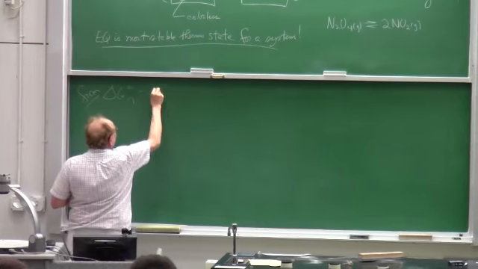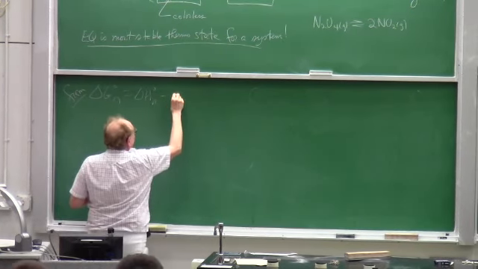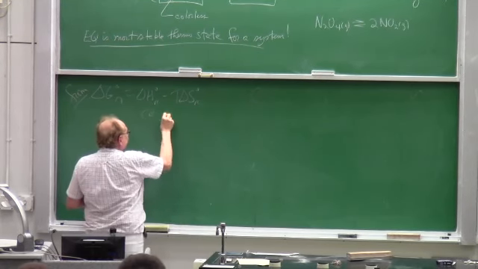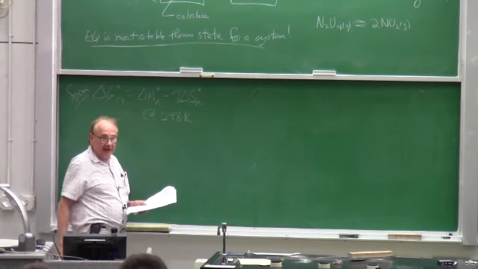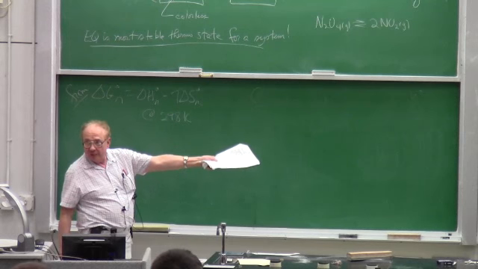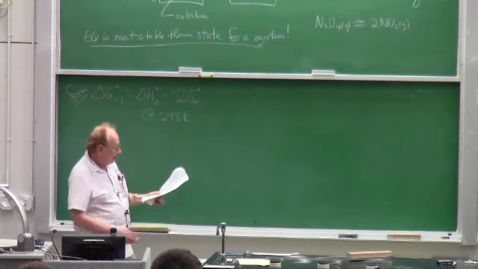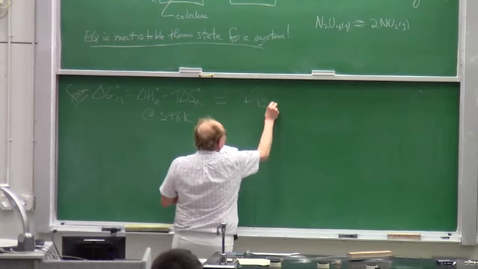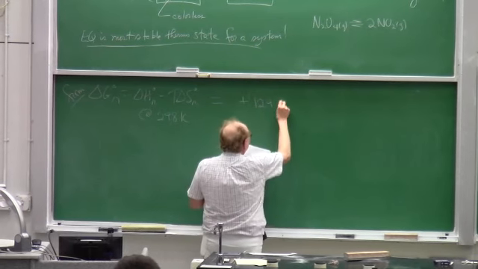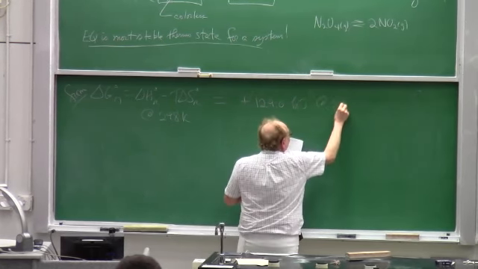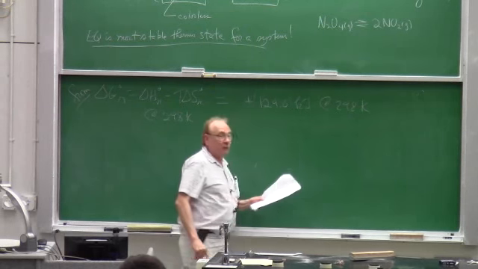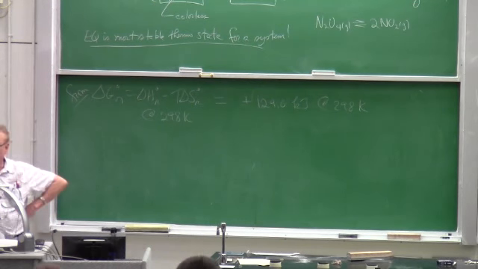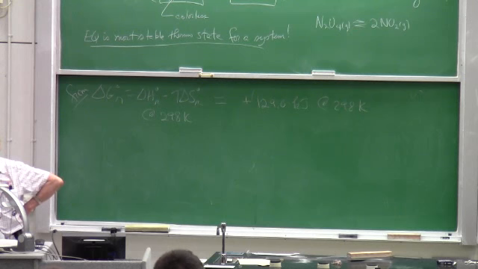From delta G0R is delta H0R minus T delta S0R at 298 K. We put in these numbers, and the multiplier on change in entropy is 298 K. We will get plus 129.0. So certainly non-spontaneous in the indicated direction under standard state conditions.